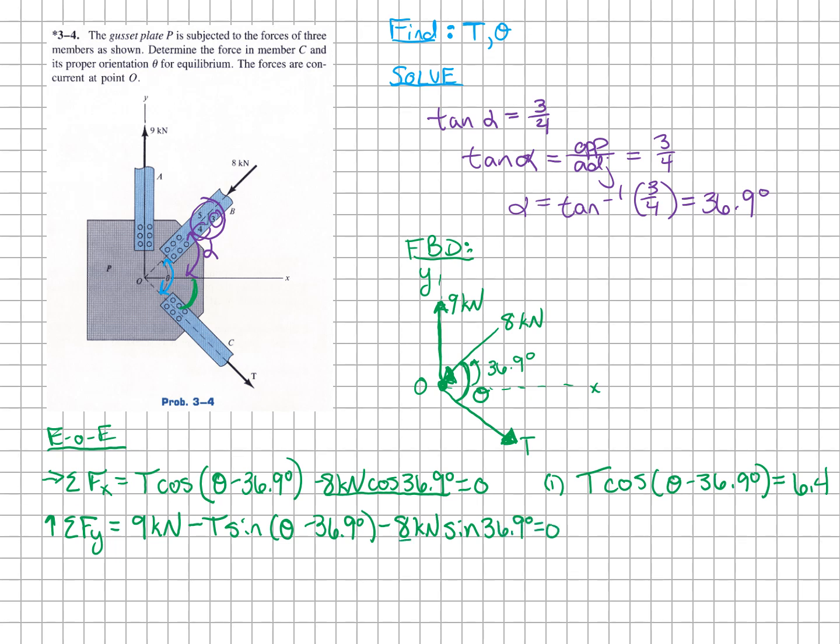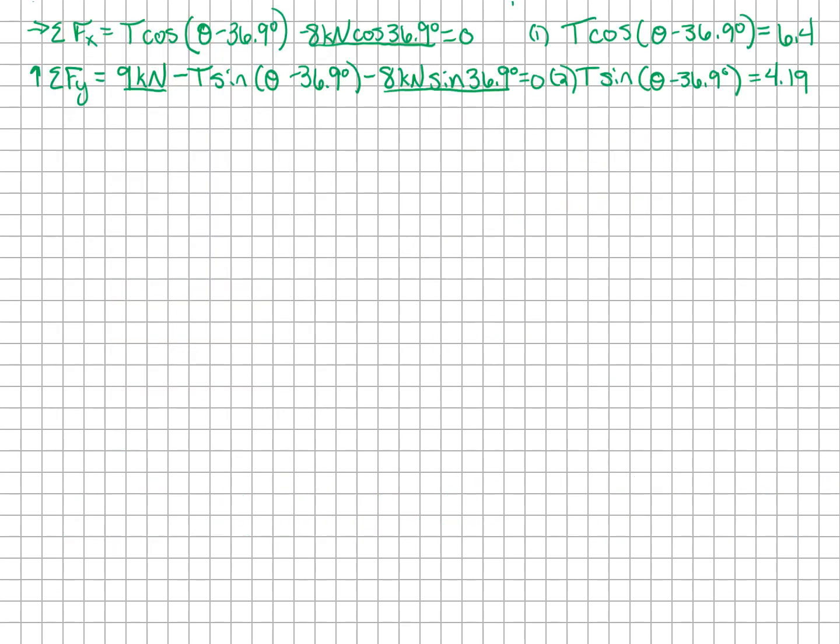So again, I have this as a scalar value and this as a scalar value. So I can combine those to get T sine of theta minus 36.9 degrees is equal to 4.19. And we're calling that my second equation.